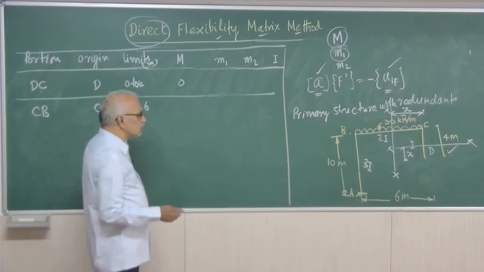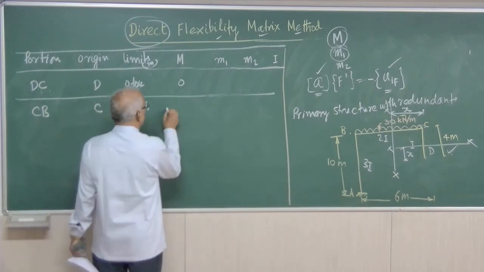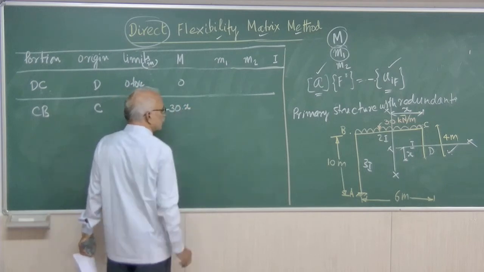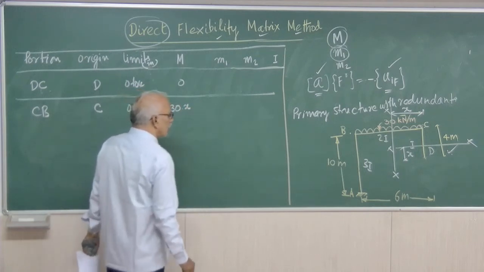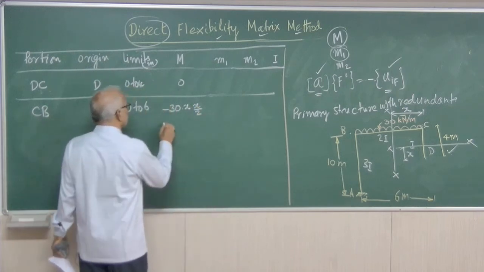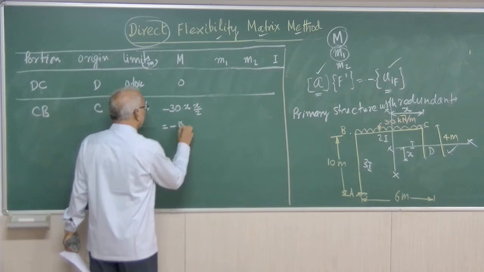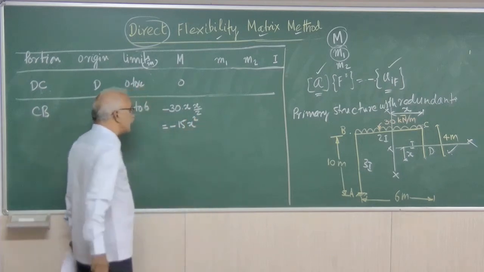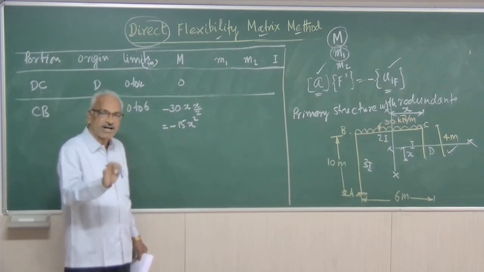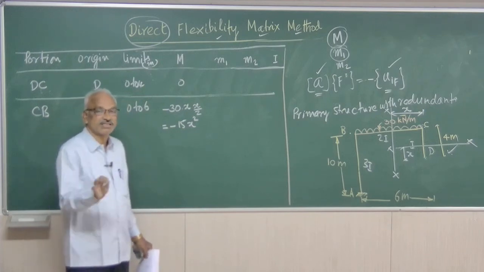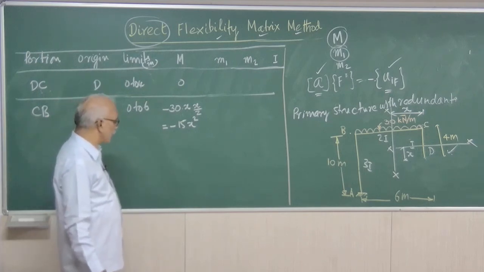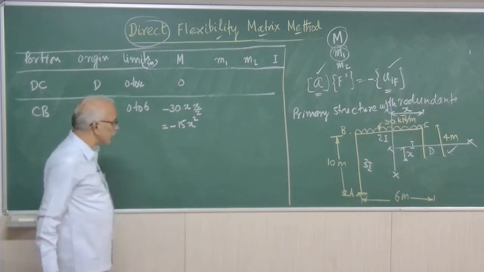So the clockwise moment equal to minus 30, the UDL, into x meters length, into x by 2. So this is equal to minus 15x square. This is Mx due to the external load on the primary structure. We are not considering the redundants now. We are following the unit load method. So M1, M2 we will take up later.